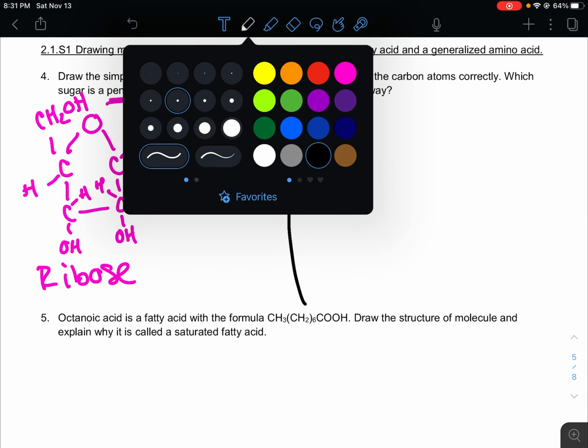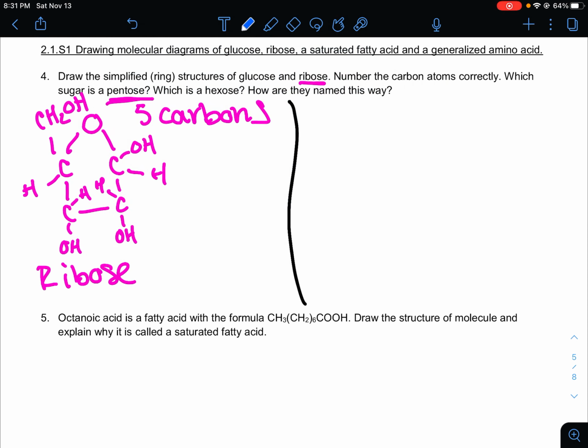And then I'll do glucose in blue. I will do alpha glucose just because it's not asking for a specific one, but you should know the difference between alpha and beta. So glucose, I start like that with the oxygen there so I don't forget.